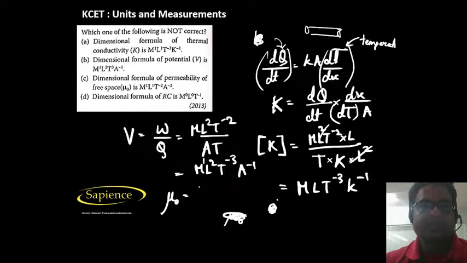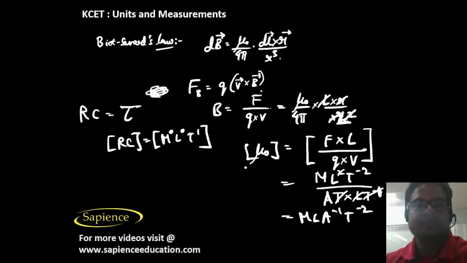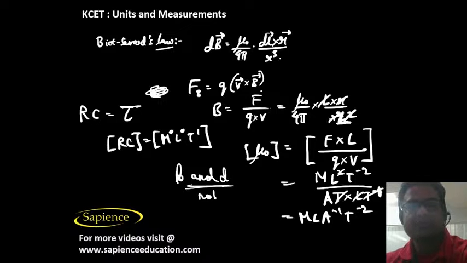But it is written T power minus 1. So here both the options B and D are not correct. Let me check once. Potential, okay. Yeah, so B is also not correct and D is also not correct. So B and D will be the options.